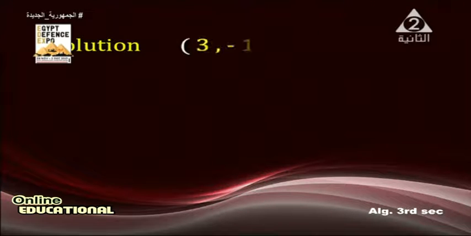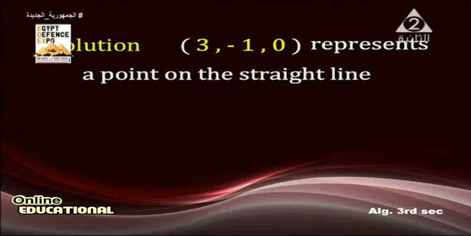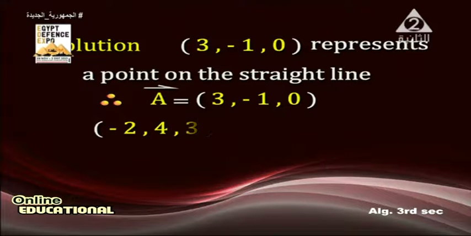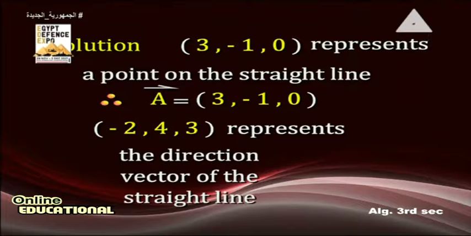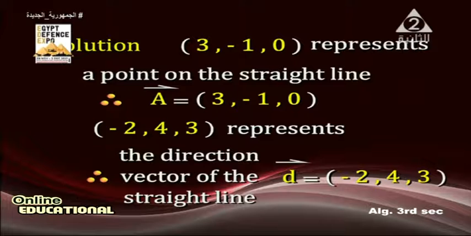Look, my dear students, (3, -1, 0) represents a point on the straight line, so A vector equals (3, -1, 0), and (-2, 4, 3) represents the direction vector of the straight line. Therefore, we deduce that this is the D vector, (-2, 4, 3).